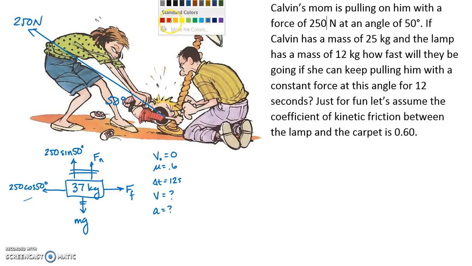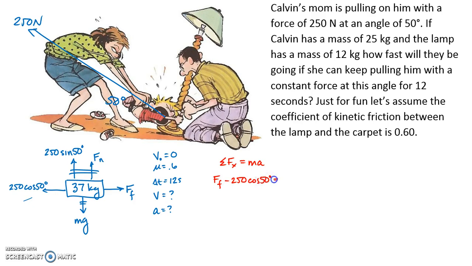Let's go, I don't know, red. So let's sum the forces. You can pick a plane, any plane. I'm going to pick the x-plane just because it has friction in it. So that equals ma. Two forces: force of friction minus 250 cosine of 50 degrees equals ma.